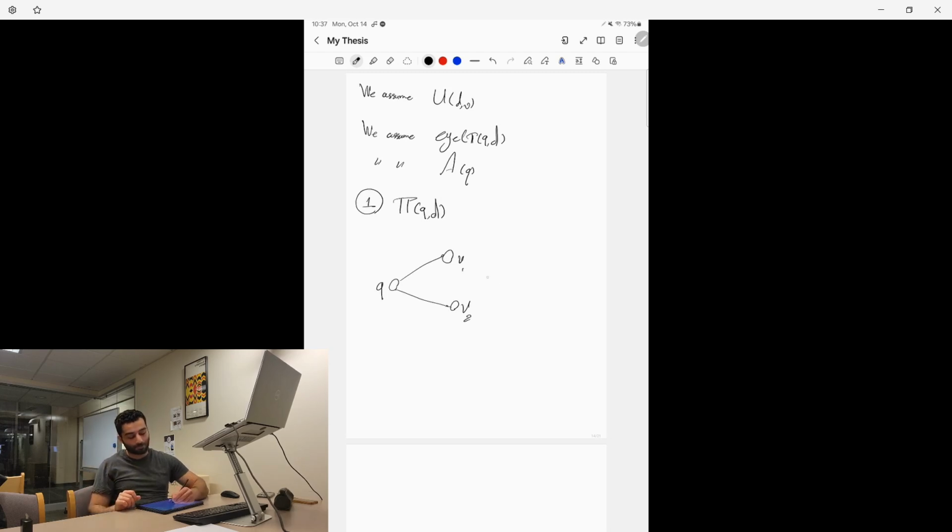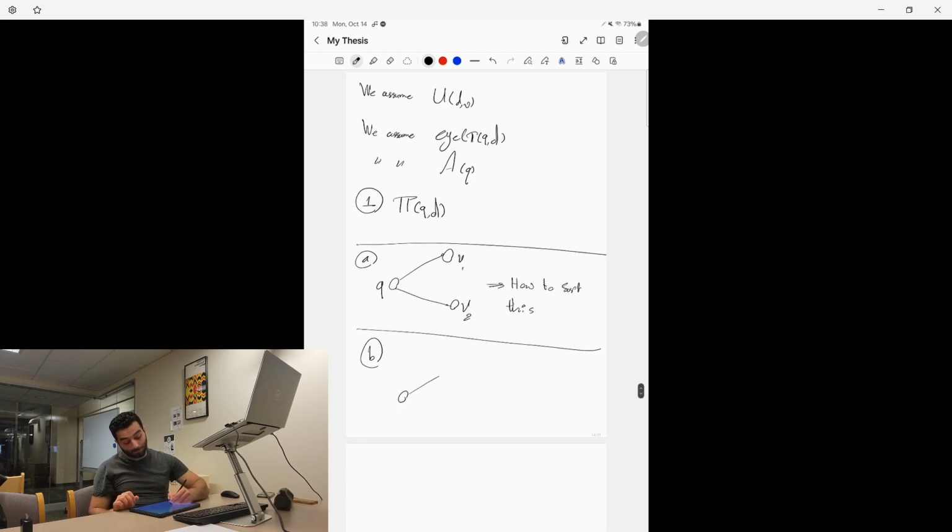Okay, how to sort this one? How to sort this? One is this, A. B is, okay, I have Q, V1, v2.